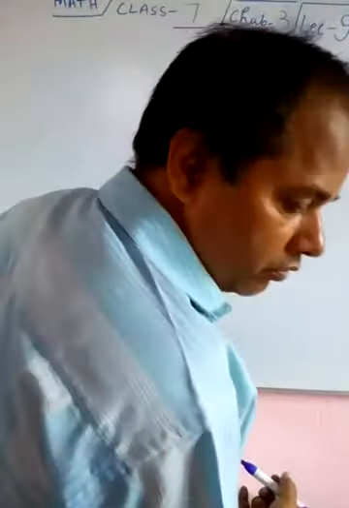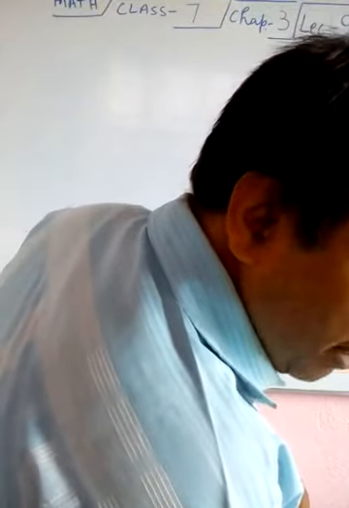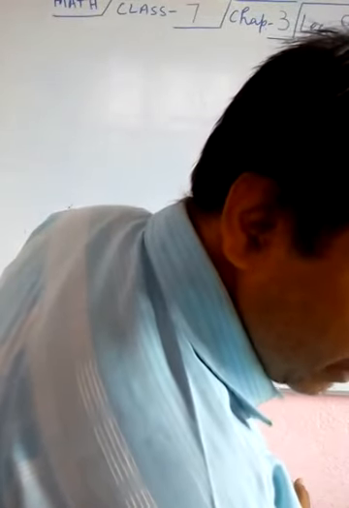Example number 22. What should be added to minus 3 by 7 to get 4 by 9?